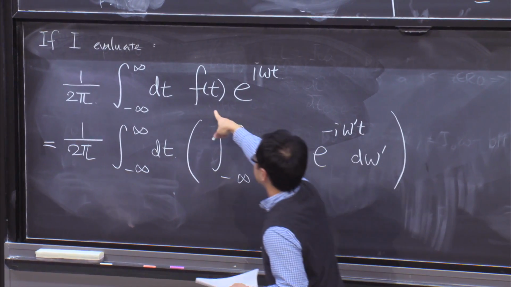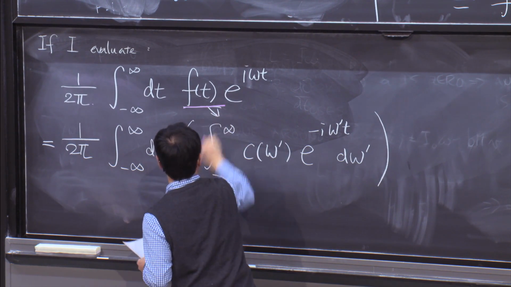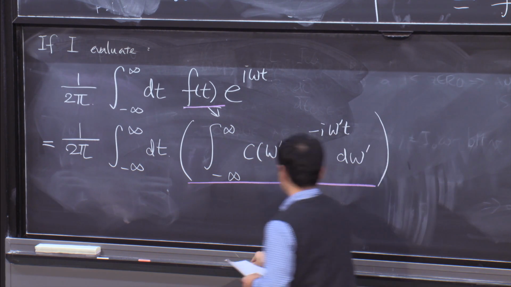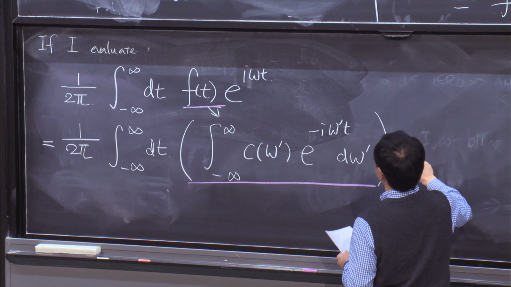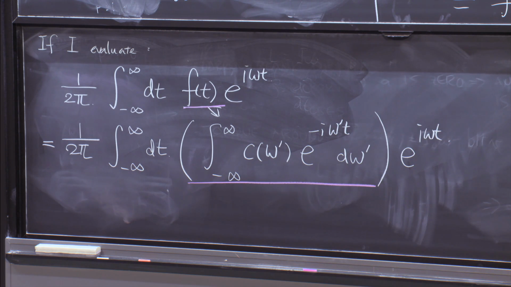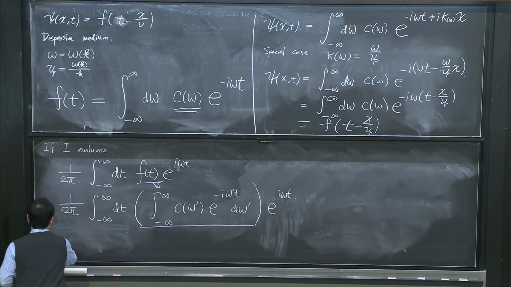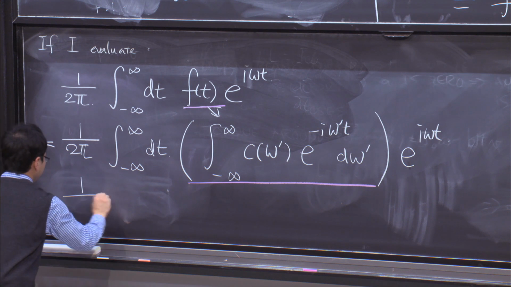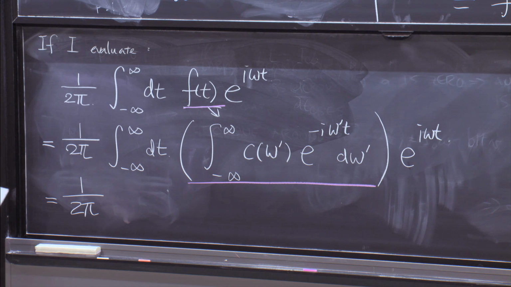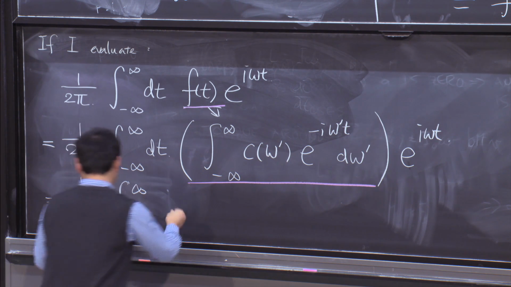This is the f of t; I'm just replacing that formula into this integral. And then I have the rest, which is exponential i omega t. And of course, I can continue and collect all the relevant terms together. This is equal to 1 over 2 pi, integral from minus infinity to infinity.